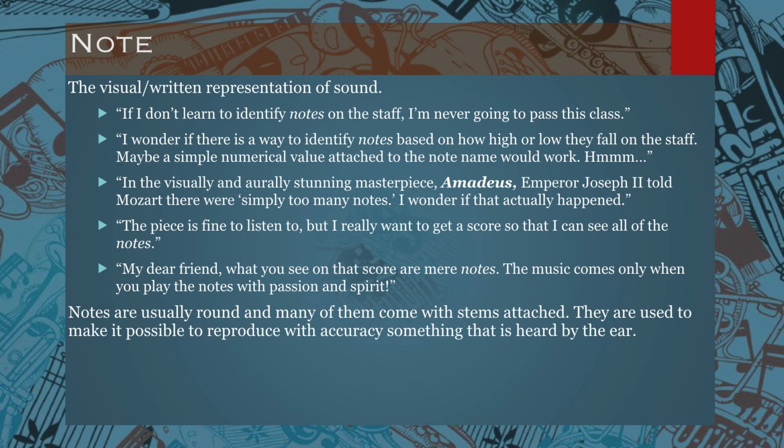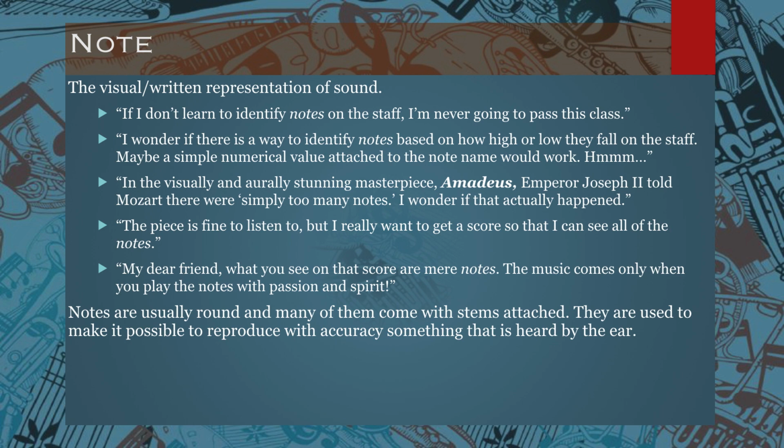Okay, your next term is note. This is a visual or written representation of sound. Now the term note is often used incorrectly. Sometimes when people say note, they really mean pitch, which is the next term we're going to talk about. But a note doesn't actually make a sound until somebody acts upon it and plays it on their instrument.